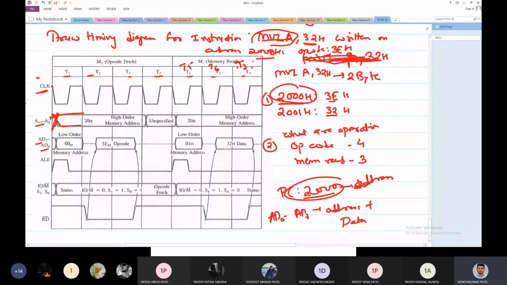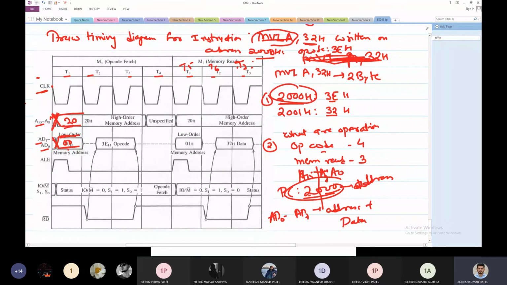What would be here? Here it would be 20. Why 20? Because of the higher order address bus. A15 is this side and A0 is this side. So A15 to A8 would be 20 and A7 to A0 would be 00. So 20 on A8 to A15 and 00 on AD0 to AD7. Combined, these two make the address, that is 2000.